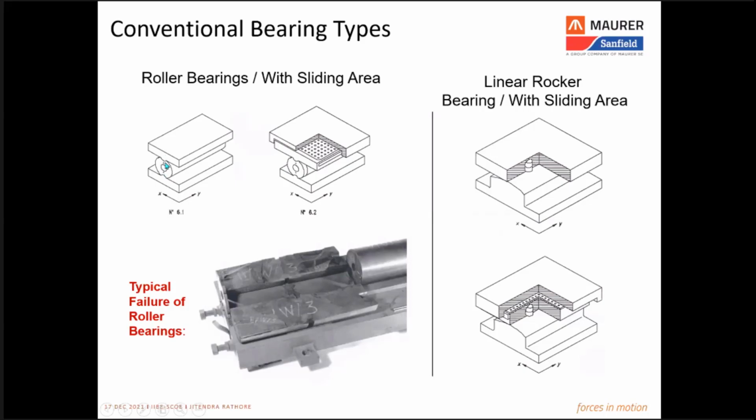The main issue with these bearings is that if there is too much movement or rotation taking place in the bridge, because two hard surfaces are sliding against each other, there is a lot of abrasion and wearing of the components.